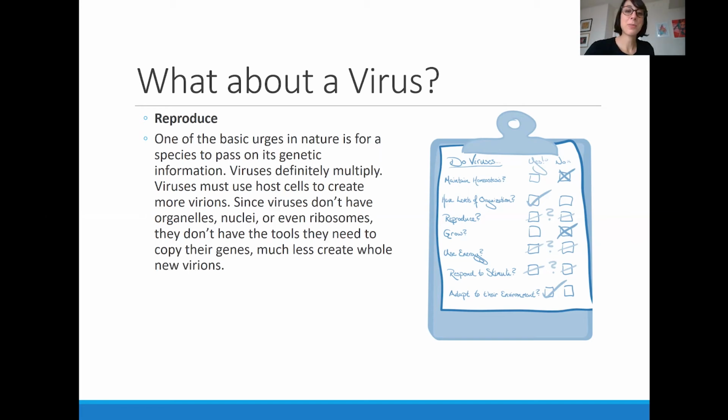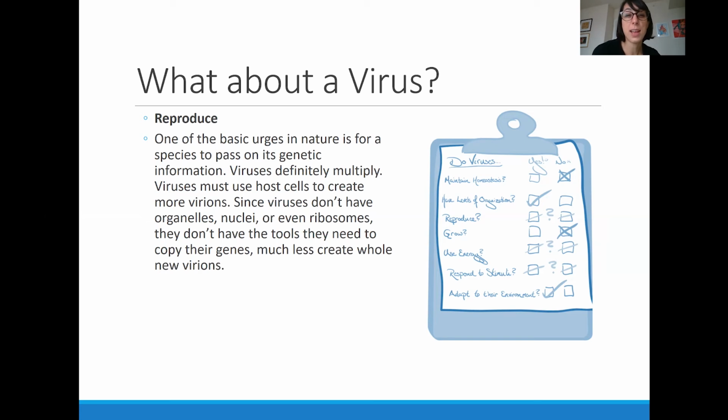What about reproduction? This is a little bit of a hazy answer. One of the basic urges in nature, of course, is to pass on our genetic information. And viruses, to do this, have to use a host cell, right? To create more of themselves, they have to infect a host cell and make more virions.